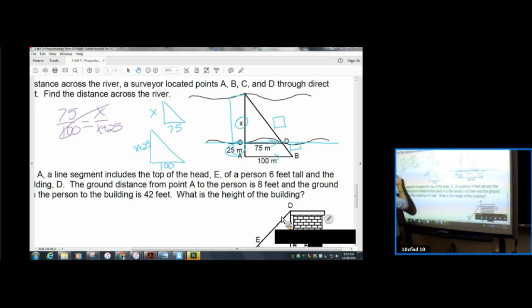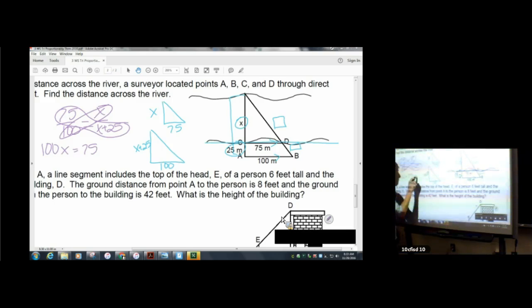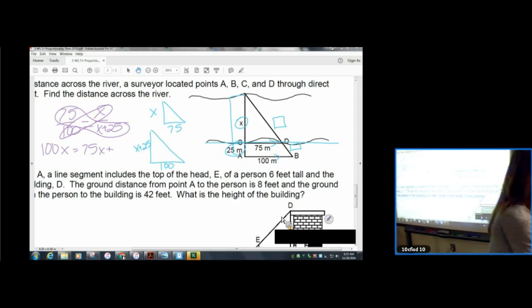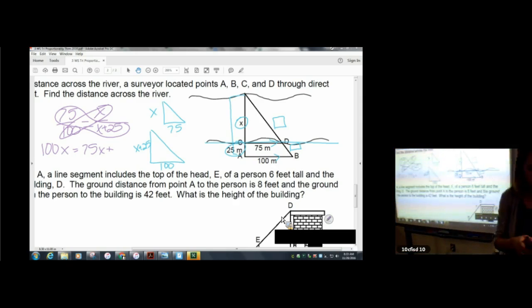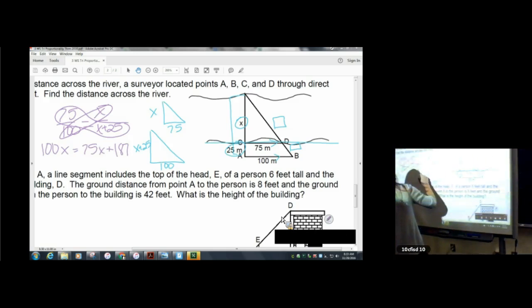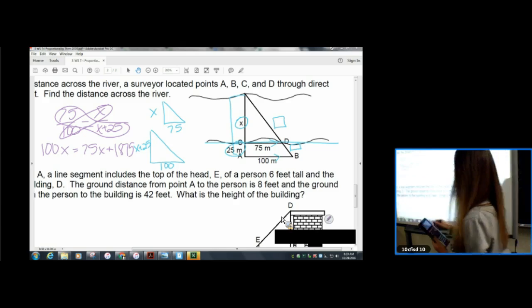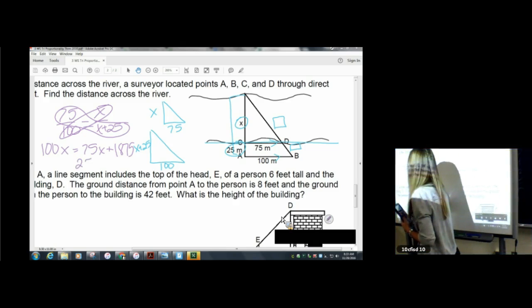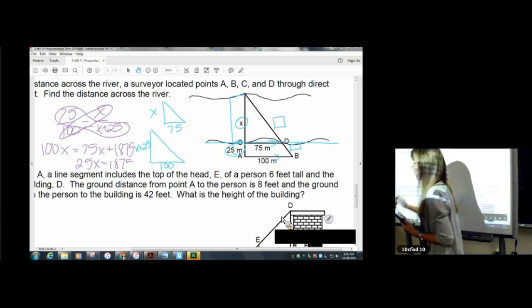And just like in the warm-up today, we will need to distribute. 75 times 25. Then subtract 75 and divide. Divide by 25.